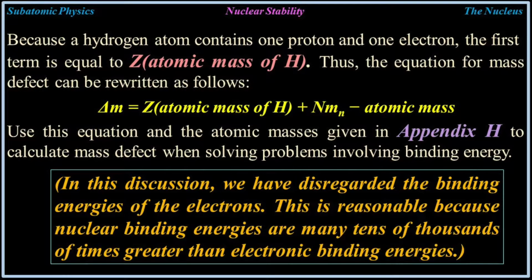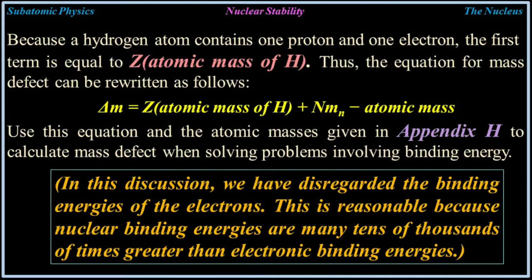Because a hydrogen atom contains one proton and one electron, the first term is equal to Z times the atomic mass of hydrogen. Thus, the equation for mass defect can be written as follows. Delta M equals Z times atomic mass of hydrogen, plus N M_N minus atomic mass.